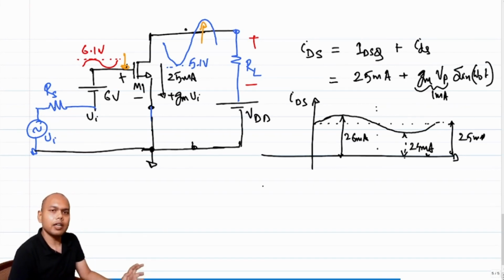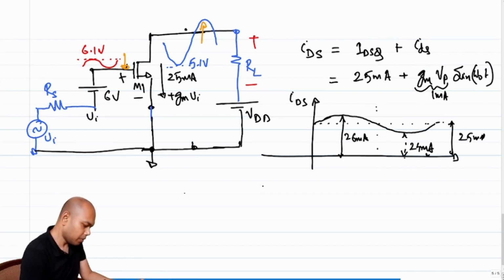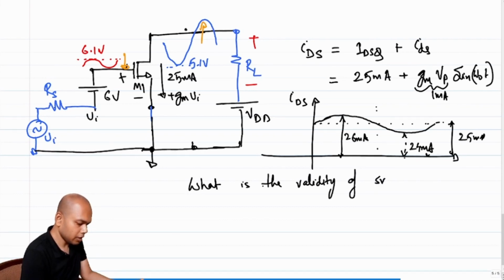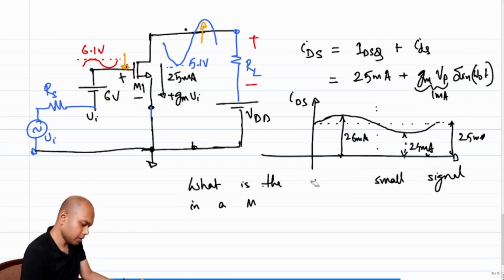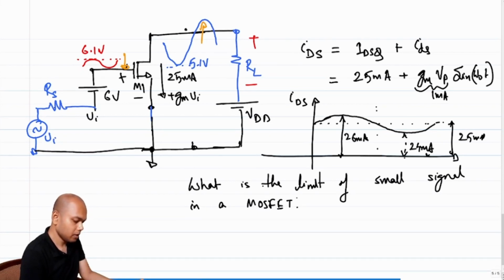That is, what is small signal, right? What is the validity of small signal, or rather, what are the limits of small signal in a MOSFET, right?